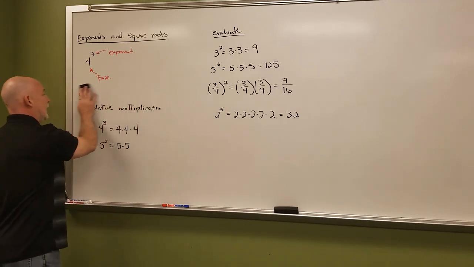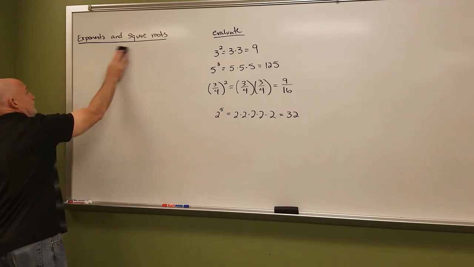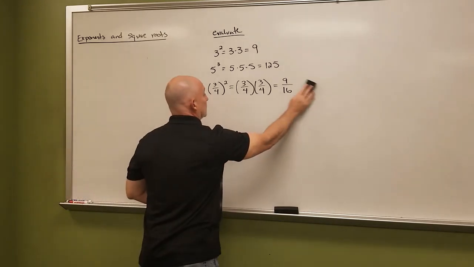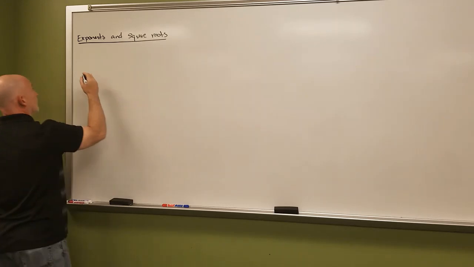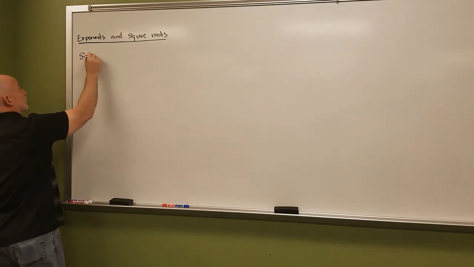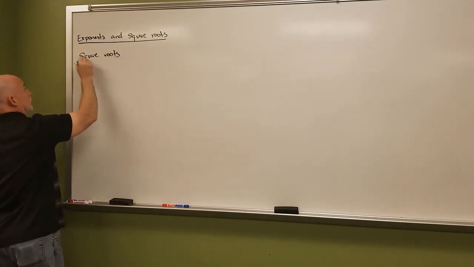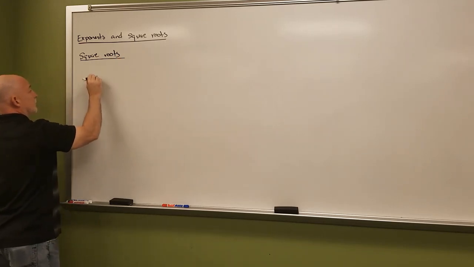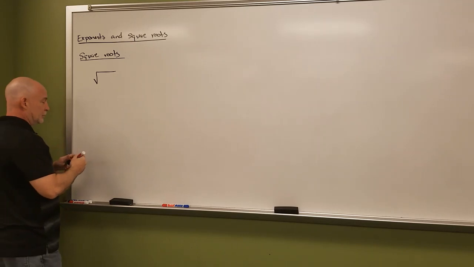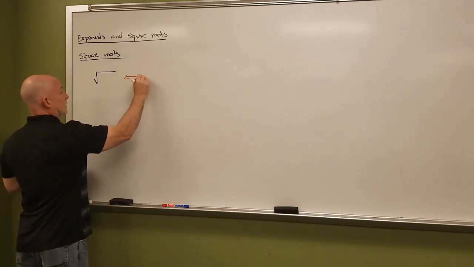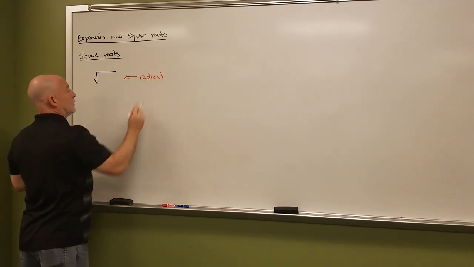Let's take a look at square roots now. All right, for the square root, this is called a radical. This little check mark symbol, that's a radical.